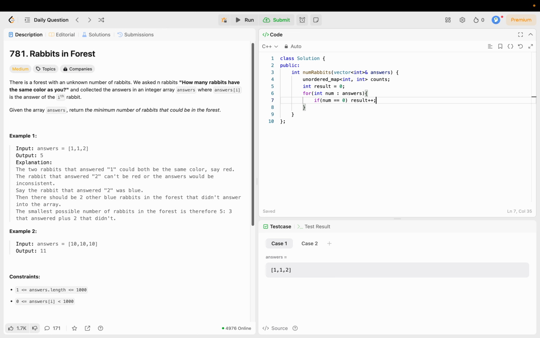We don't need to store it, we have already accounted for it because this is a unique rabbit. Else we store, increment the count of this value in the counts.